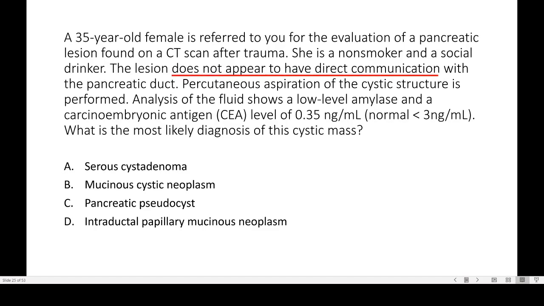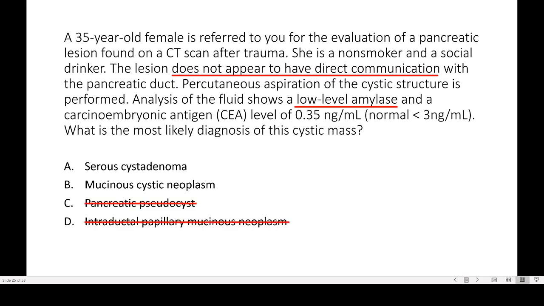So it says the lesion does not appear to have direct communication with the pancreatic duct. Now, before you read any further, what do you expect the amylase to be because it doesn't communicate with the duct? You expect it to be low, and it is. Now, that immediately rules out what?